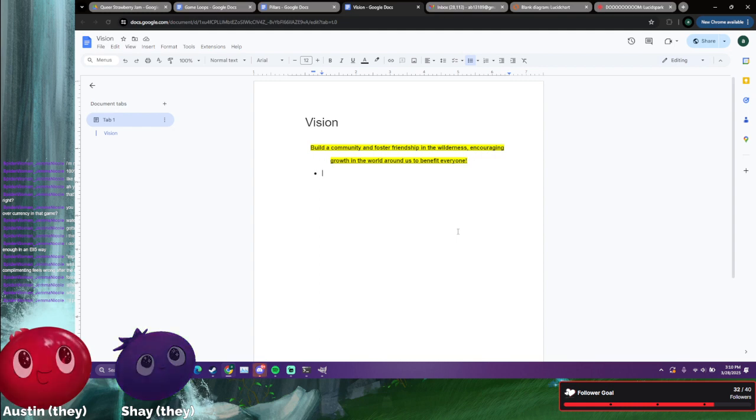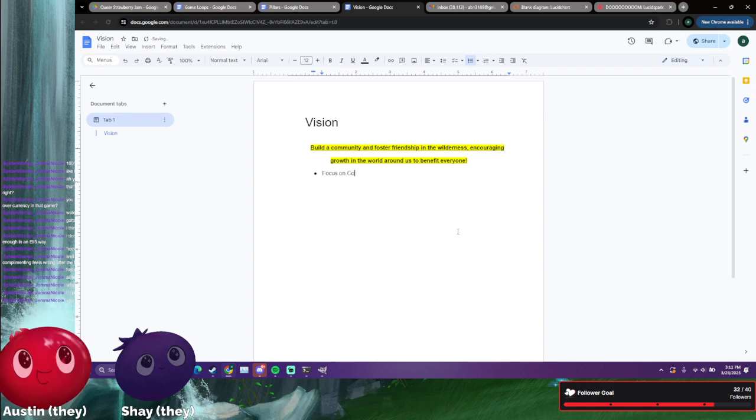Thank you, Gemma. But yeah, let's go ahead and break up this vision statement a little bit. So what is this vision statement trying to say? To me, community is the main focus.